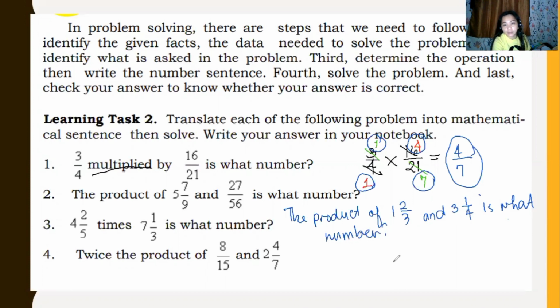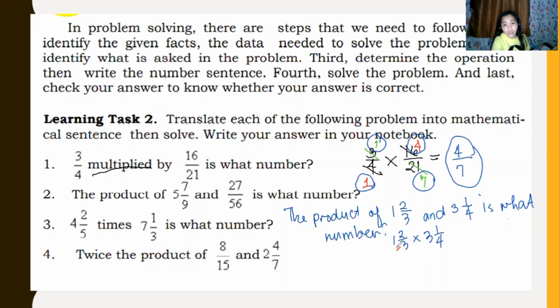Now let us solve. The product of, we have 1 and 2/3 times 3 and 1/4. In our previous lesson, we cannot directly multiply mixed numbers because we need to translate them first into improper fractions. You cannot multiply the whole numbers 1 and 3, and you cannot multiply the numerators and denominators directly.